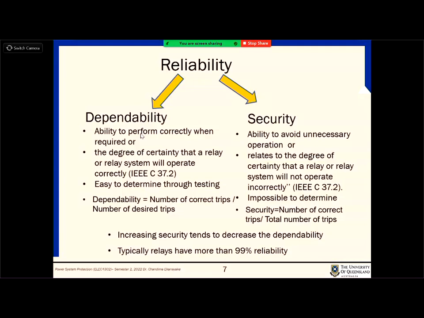So reliability is how reliable it is, whether it is operating properly to identify a fault. But when you are looking at reliability, there are 2 aspects called dependability and security.